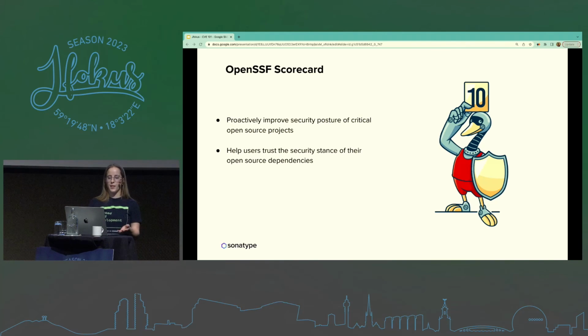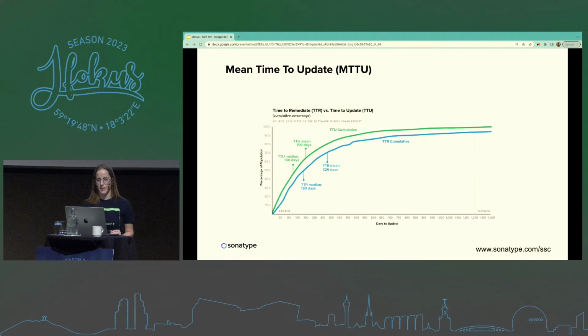It's supposed to show that a project cares about security and is doing what it can to do that. But it turns out it's also a decent predictor of whether a project will have vulnerabilities.